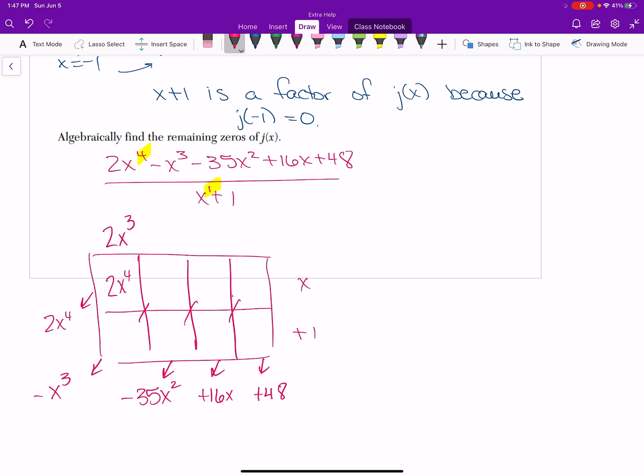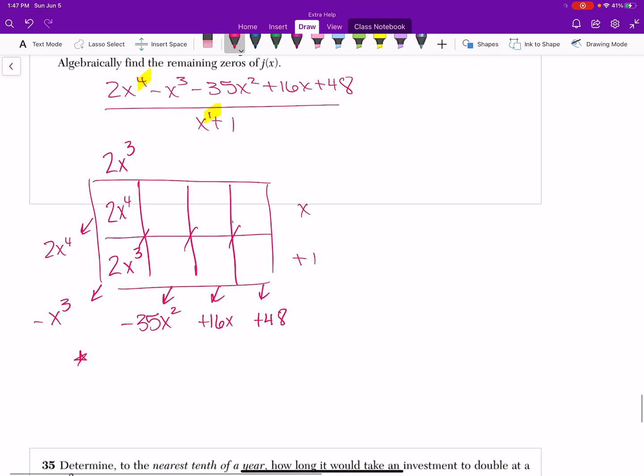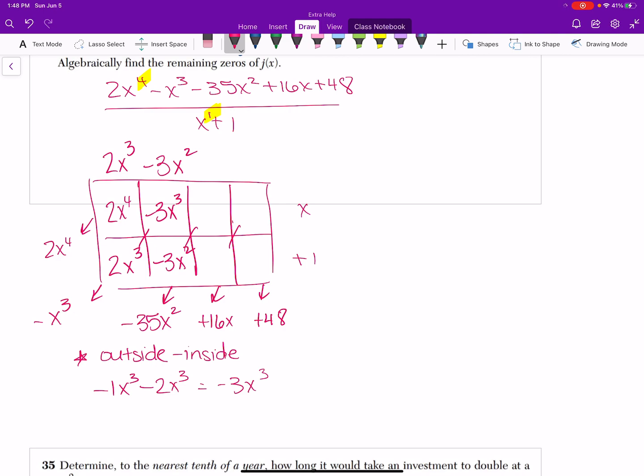Starting in the top left corner, my 2x to the 4th. Top has to be 2x cubed. So 2x cubed times 1 is 2x cubed. Outside minus inside, negative 1x cubed minus 2x cubed is negative 3x cubed. So then that meant that should be a negative 3x squared, which would also put it down here.